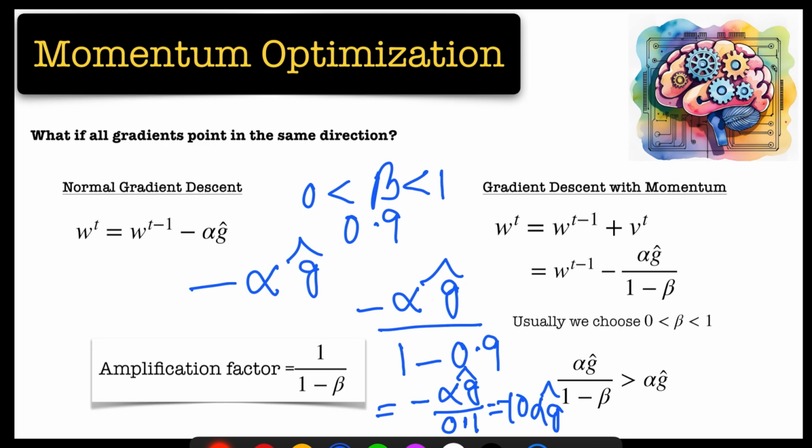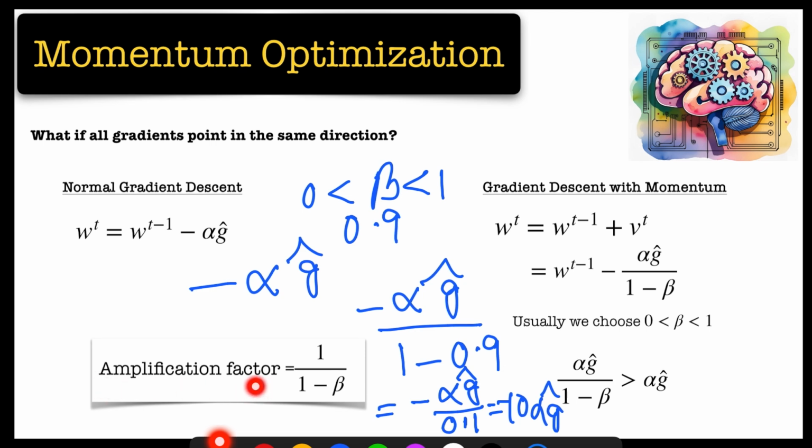So this is actually amplifying the step. Because beta is between 0 and 1, 1 minus beta is also between 0 and 1, so if you divide by that, we get a much larger value, right? That is the coefficient here.